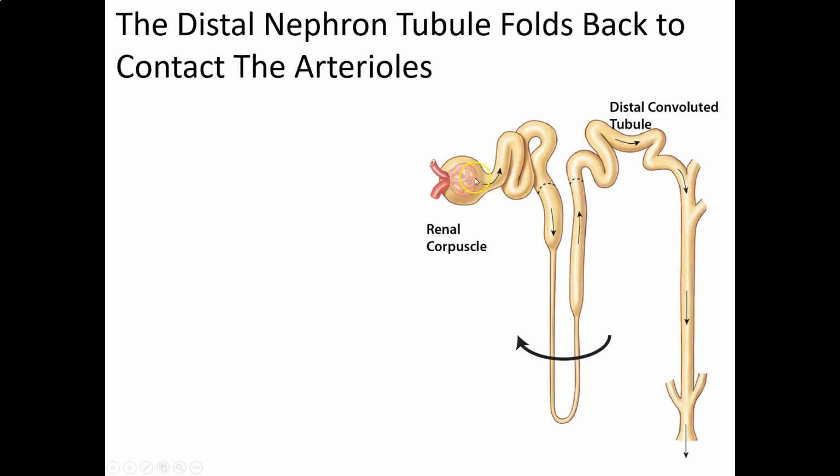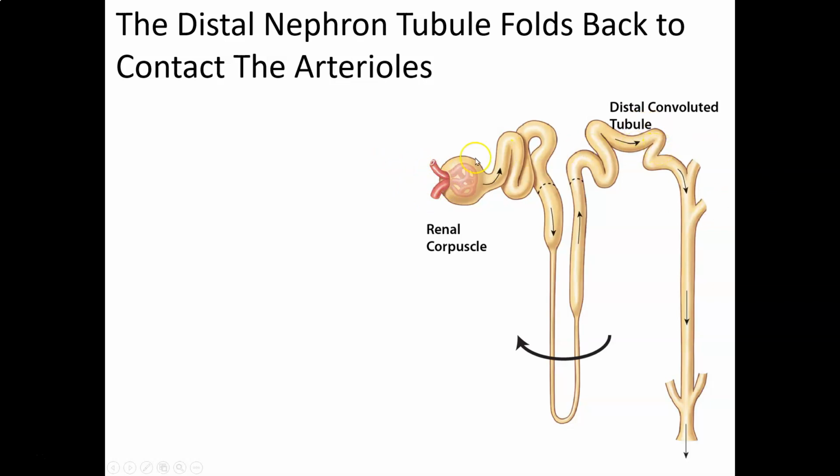And so blood has a higher pressure within the glomerulus, which makes it have a greater filtration pressure, which then helps to keep GFR high. So the wider diameter arteriole is always going to be the afferent. The narrower one's always going to be the efferent.